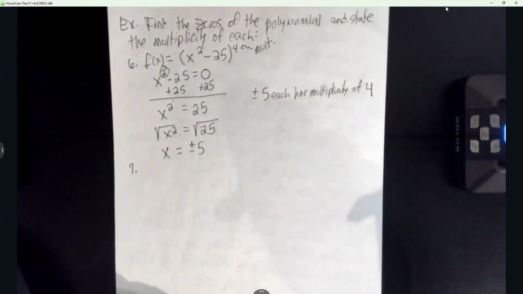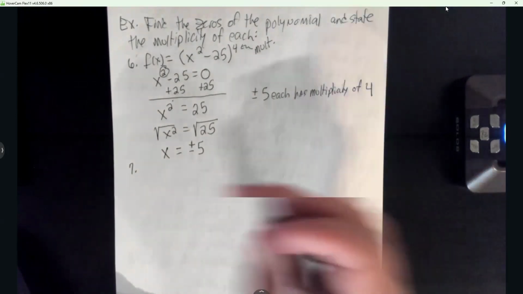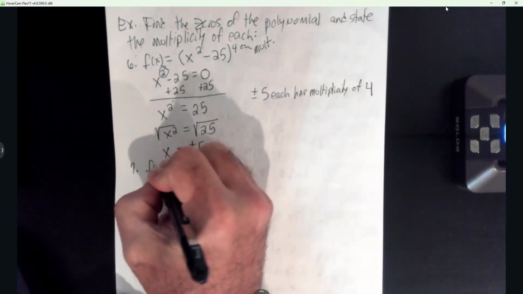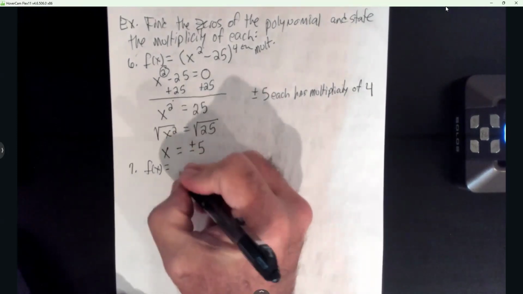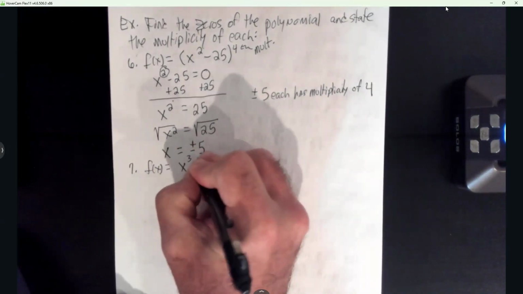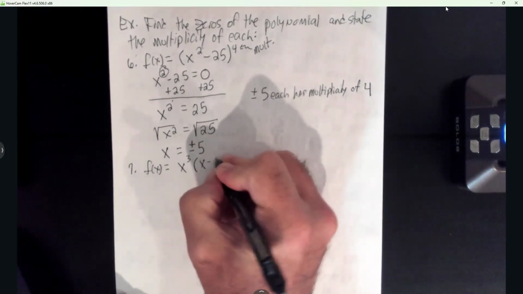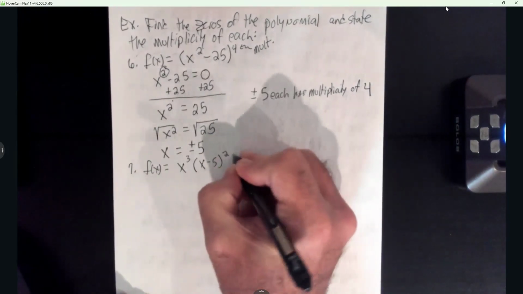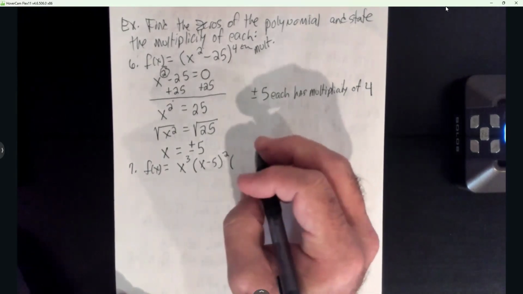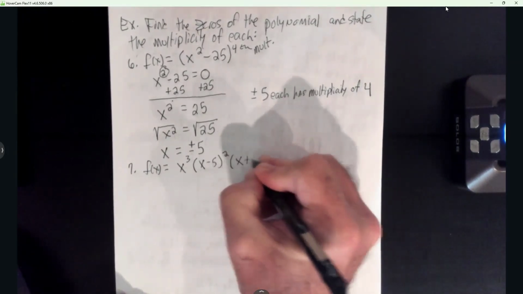All right, y'all, number 7. Let's see what 7 has. They got f of x equals x cubed times x minus 5 squared, and then x plus 9.